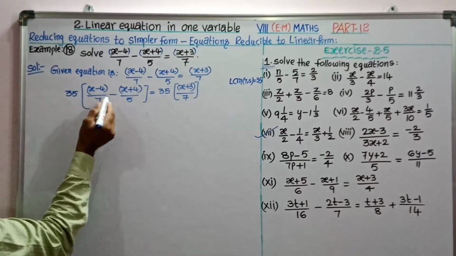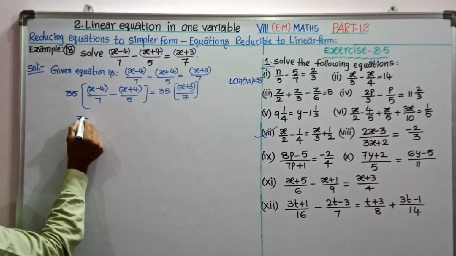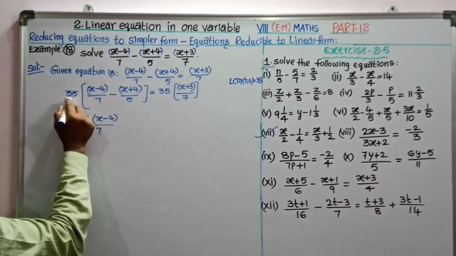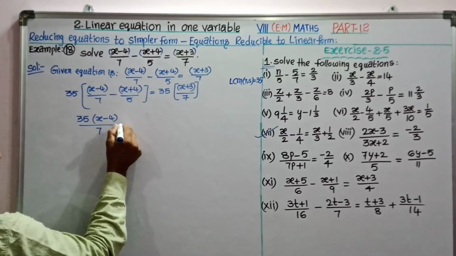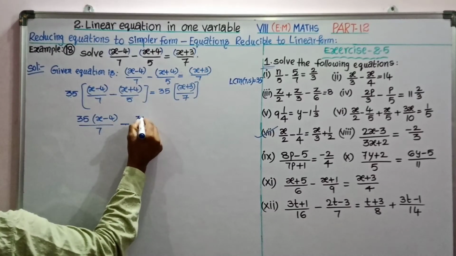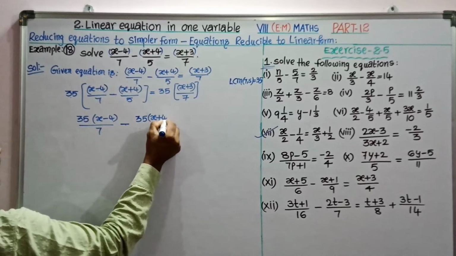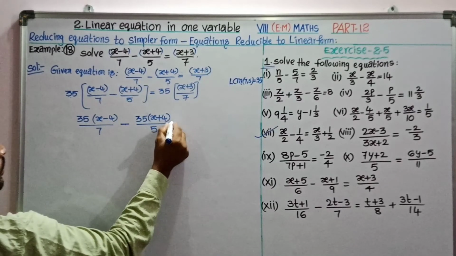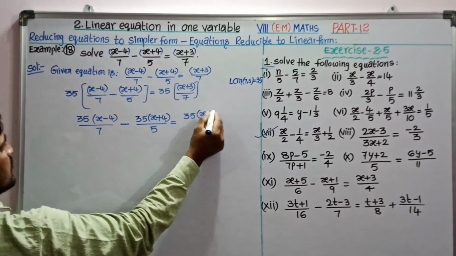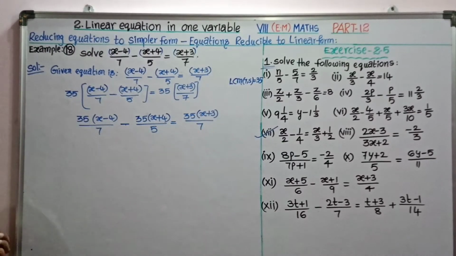Now distribute: 35 times of x minus 4 by 7 minus 35 times of x plus 4 by 5, equal to 35 times of x plus 3 by 7.